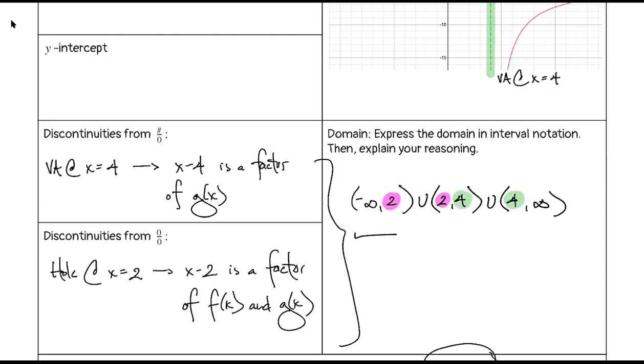So that's how we write our domain here, all right? Now, when we're looking at the domain though, I've had students in the past ask, and I'm not sure if anybody has this question, but just in case you do and you didn't want to ask it, some students ask, how come I can't just put negative infinity to 3, and say I'm including 3, because 3 comes after 2?